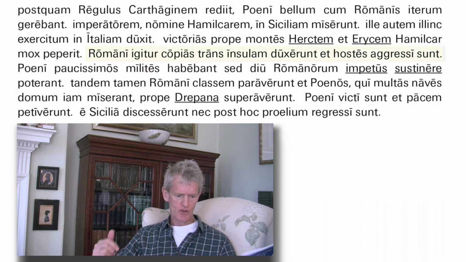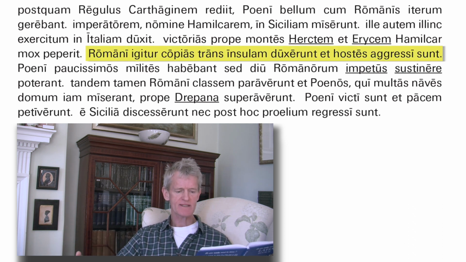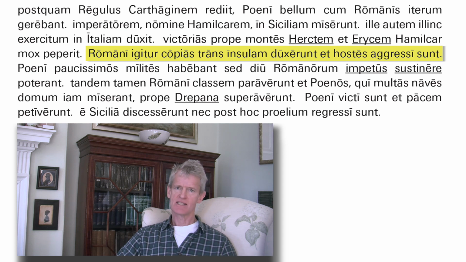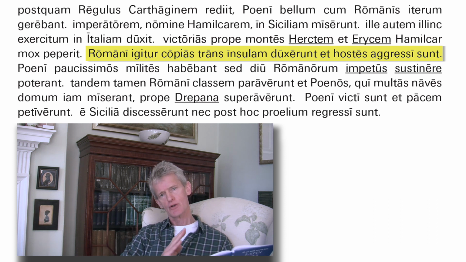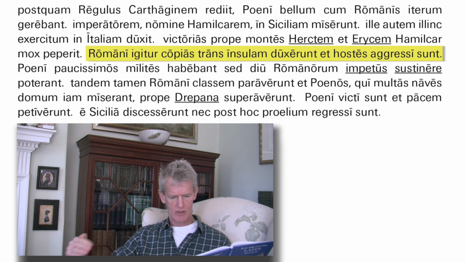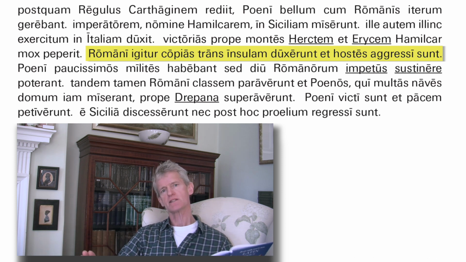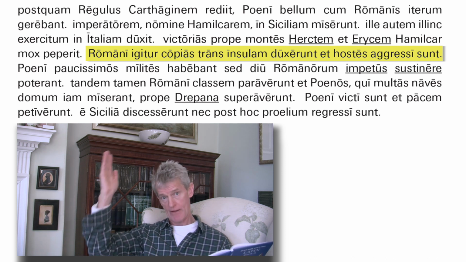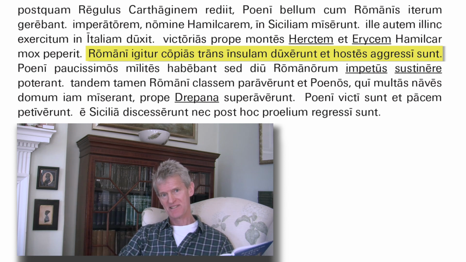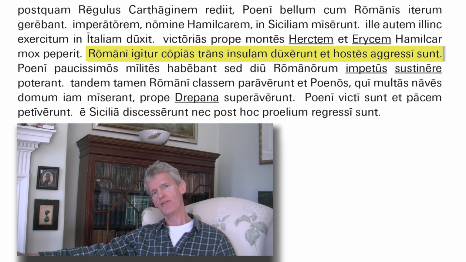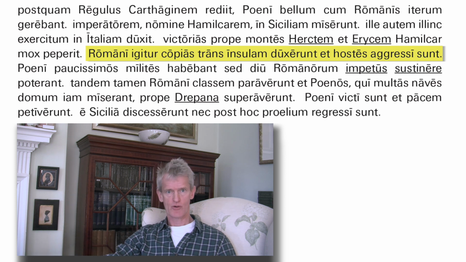Okay, on we go. Romani igitur copias trans insulam duxerunt et hostes aggressi sunt. Okay. Romani igitur, the Romans, therefore, duxerunt. Now you've got a couple of verbs, but you're going to take the first one first, duxerunt, and then after it you've got an et. So that's kind of telling you there's another clause coming after the duxerunt one.